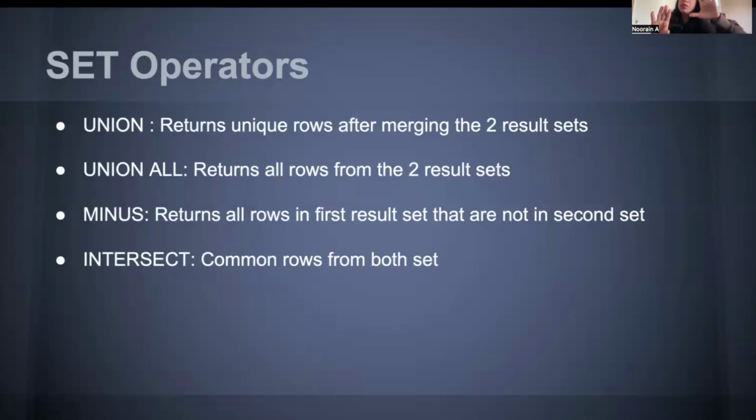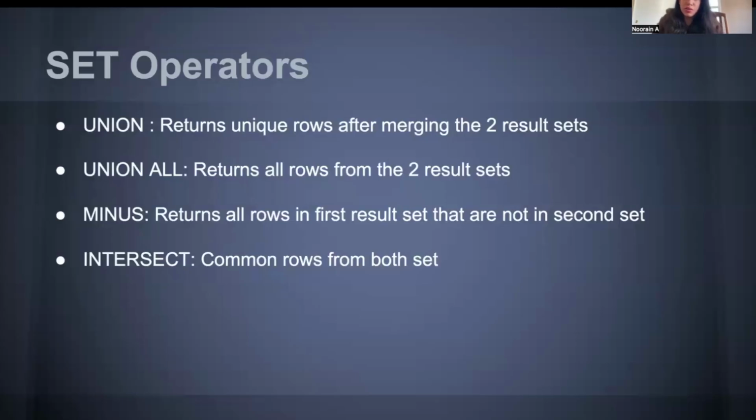You could take all the students and minus out those enrolled, and that'll give you the not enrolled people. So that's where you use the minus operator. And then there's another called intersect, which returns common rows from both, as you may be familiar with from algebra and math. Intersect means it should exist in both. So those are the different set operators.